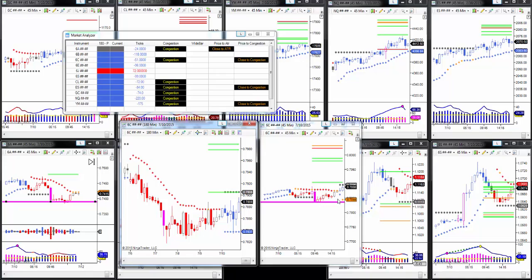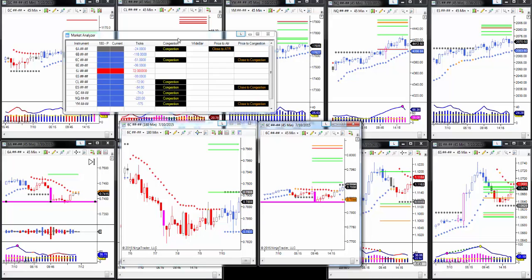What would I anticipate? I would anticipate that it will come back and test this ATR before it moves up. We have to look at the volume at this area to make sure that there is divergence so we can take that trade.